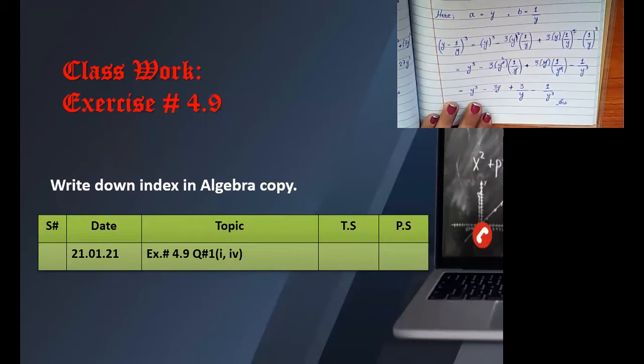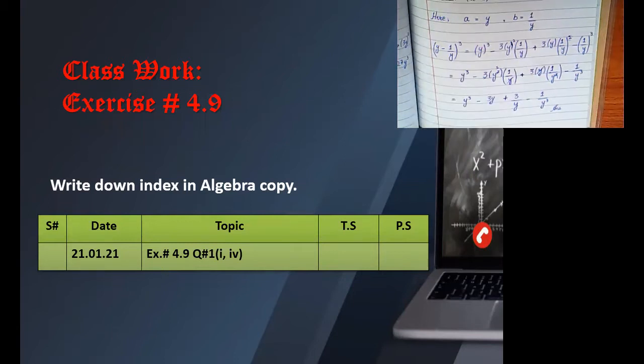Okay, now start your work, everyone, and please turn on your videos. Please turn on your videos, everyone. I'm going to check your videos. All of you have copied this index.